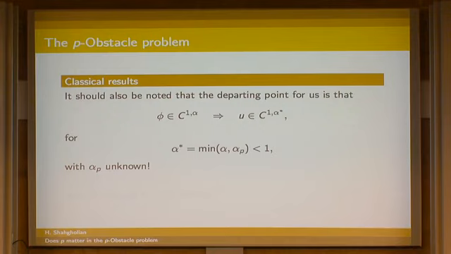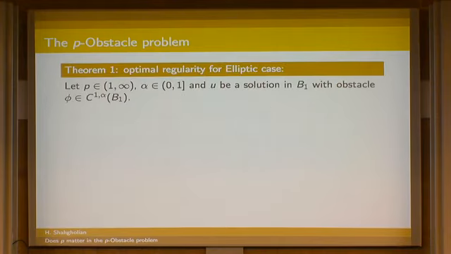This alpha star, whatever it is, that's enough for us to sort of use the regularity and then bootstrap it. So the regularity of the elliptic case tells us, and this is the result, theorem 1, that if you take any p in between 1 and infinity, you put alpha between 0 and 1, it can be equal to 1 even, phi is C^{1,alpha}.